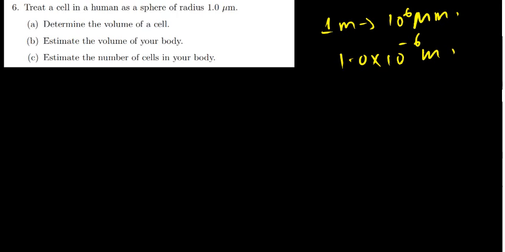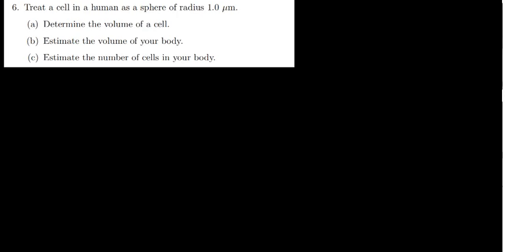Using dimension analysis, it is going to be 1.0 micrometers times, in 1 meter, how many micrometers do we have? We have 10 to the power 6 micrometers. So this and that will go.